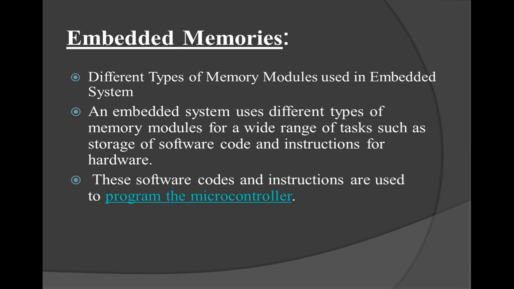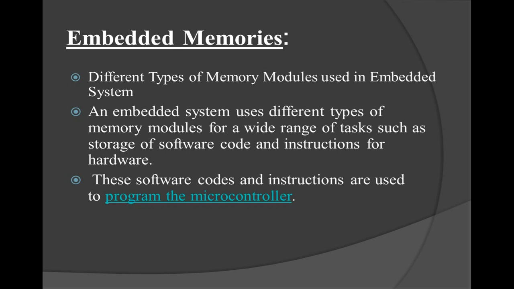So, an embedded system uses different types of memory modules for a wide range of tasks such as the storage of software code and the instructions for hardware. Obviously, according to the application, the style of writing the code or the instructions you have used to write that program, the length may vary depending upon the application you are using.